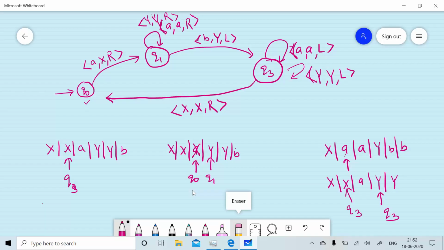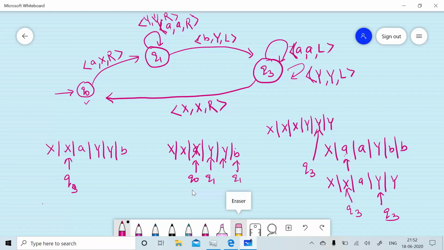On Q1, if we read Y, Y is replaced by Y and we move toward the right hand side. Next we read Y, Y is replaced by Y and move toward the right hand side. On Q1, if you read B, B is replaced by Y. So the input tape will be X, X, X, Y, Y, Y, and we are reading this symbol and we are in Q3 state.